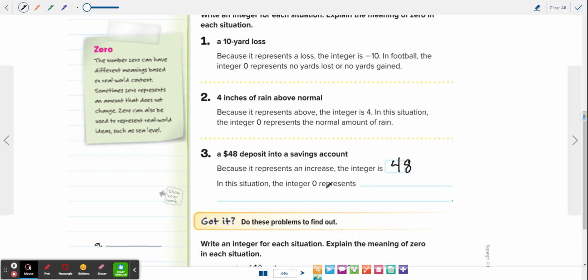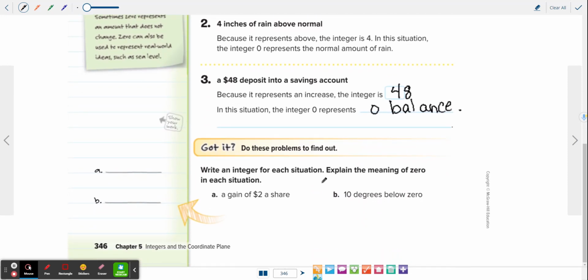Okay, in this situation, 0 represents nothing being deposited, a 0 balance. So write an integer for each situation. Explain the meaning of 0 in each situation. A gain of $2 a share is going to be positive 2.